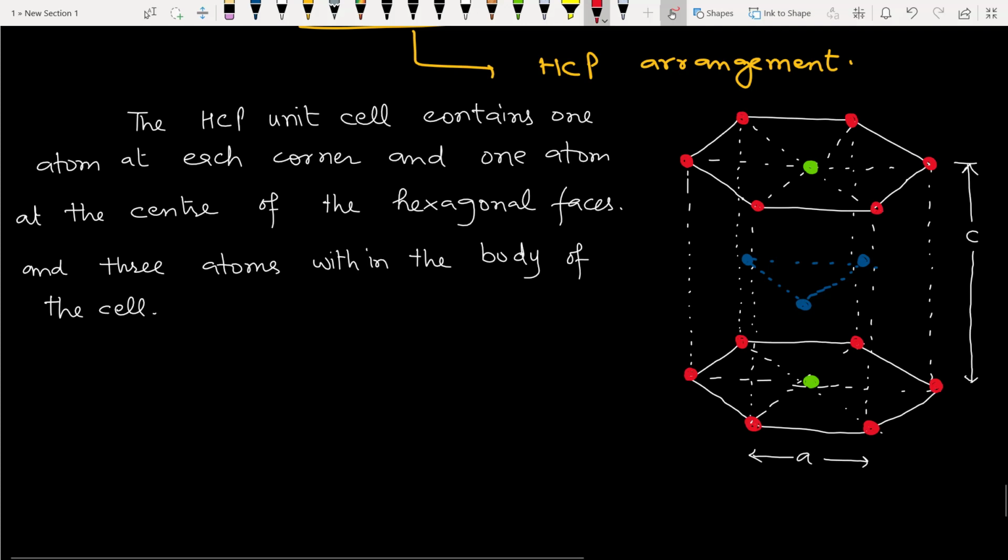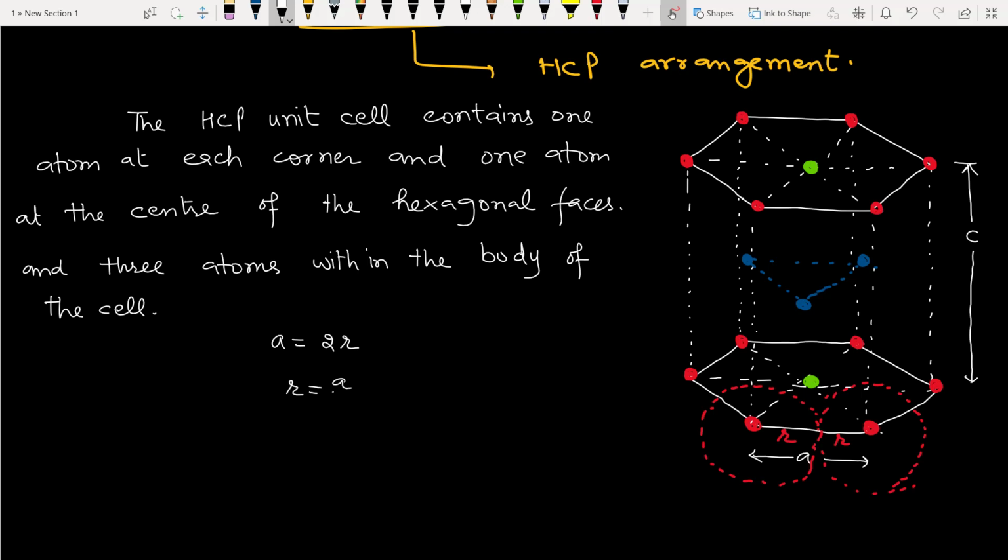Actually, they should be depicted like this, and small r is the radius of each atom, but for simplicity we draw the atoms as points, but actually they are spheres. So a is equal to 2r, so r is equal to a by 2. We mark this as equation number 1.